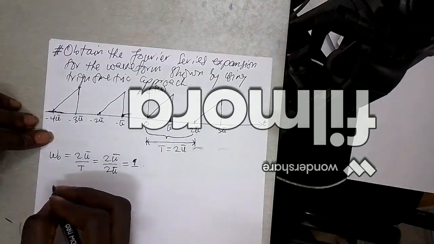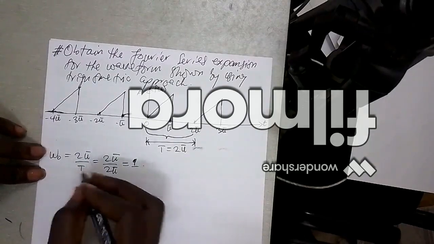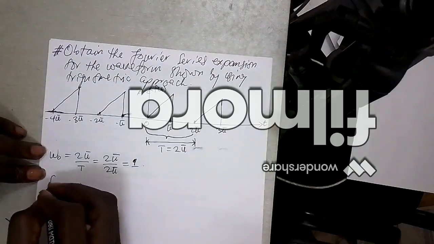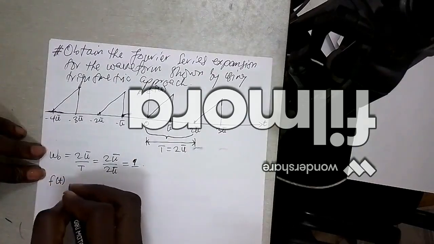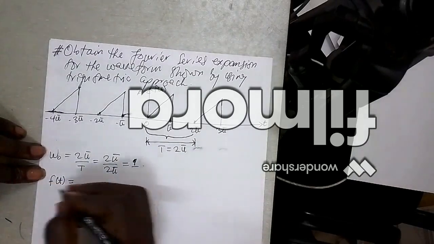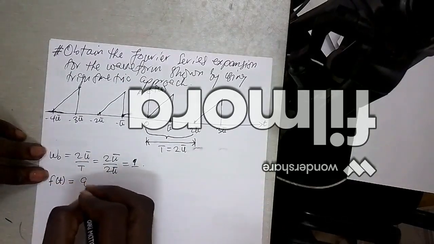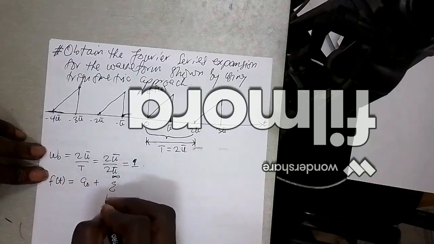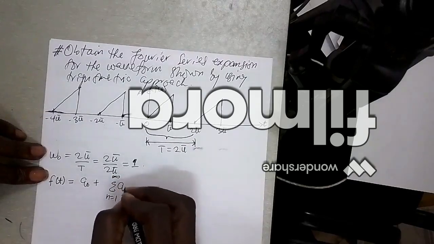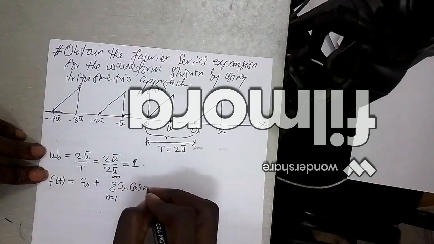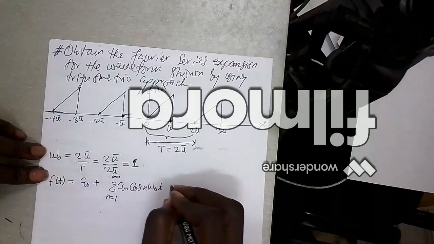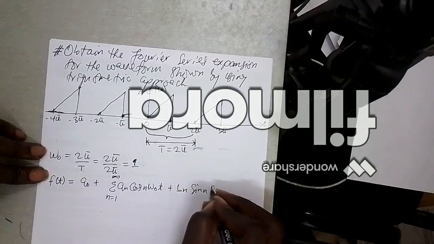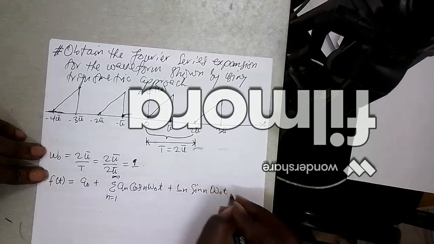Okay, so now I'll go ahead and write my general equation for Fourier series. So f of t is equal to a naught plus summation from n equals 1 up to infinity of an cos n omega naught t plus bn sine n omega naught t.